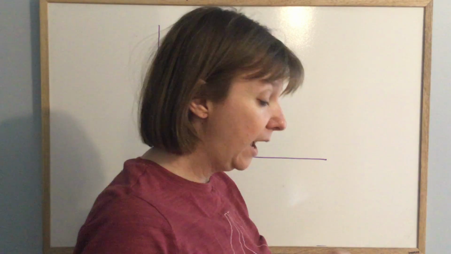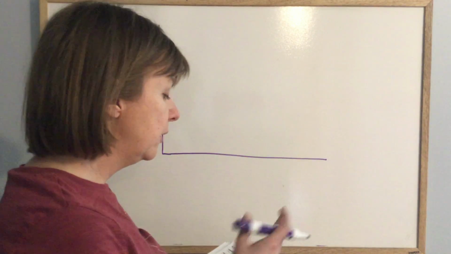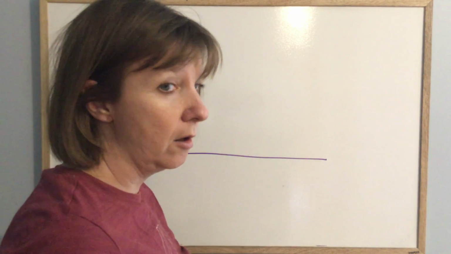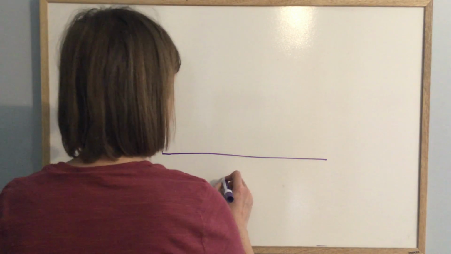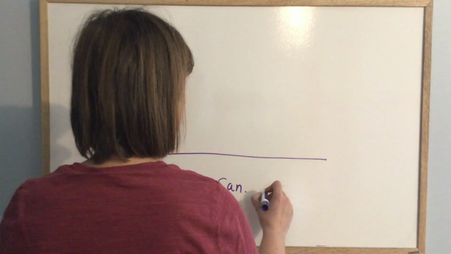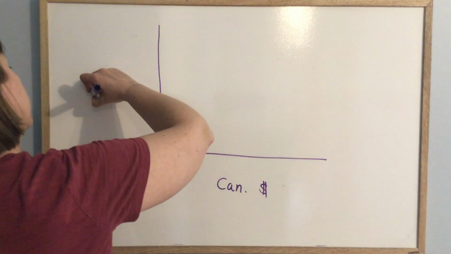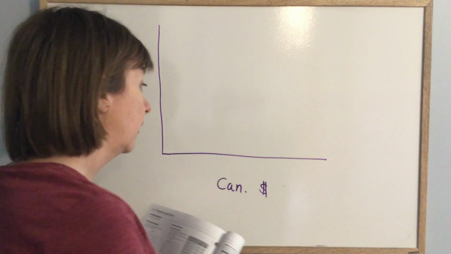How you go about doing this is usually whatever is in the first column, that's what I make my X. Whatever's in the second column, that's what I make my Y. So the first column is Canadian dollars, okay? The second column is US dollars.